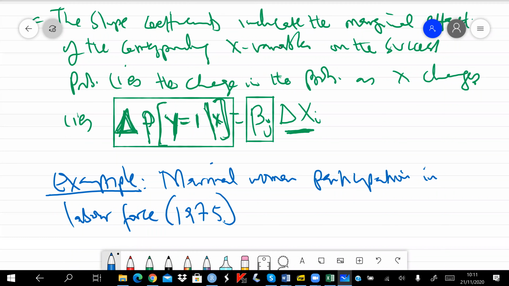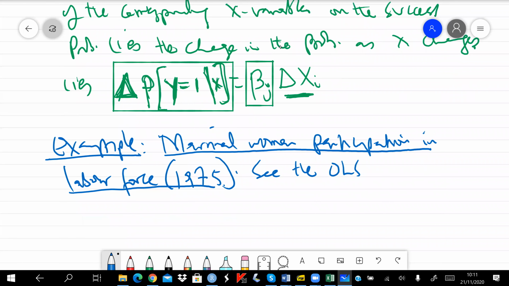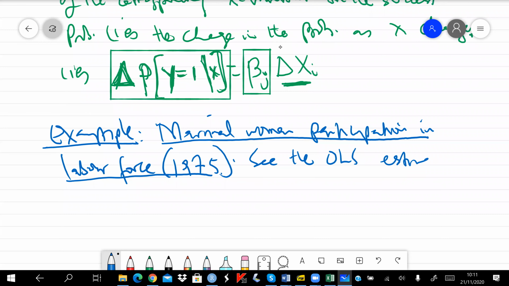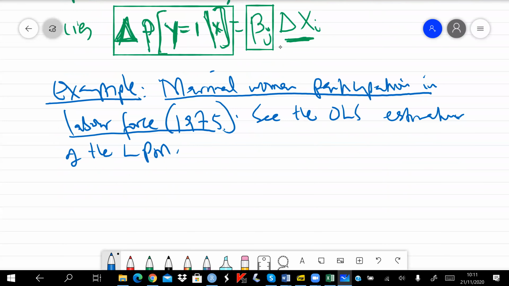So let's consider this data of married women participation in labor force, 1975, and we are told to see the OLS estimation of the linear probability model. Okay. Then I want to display this information.